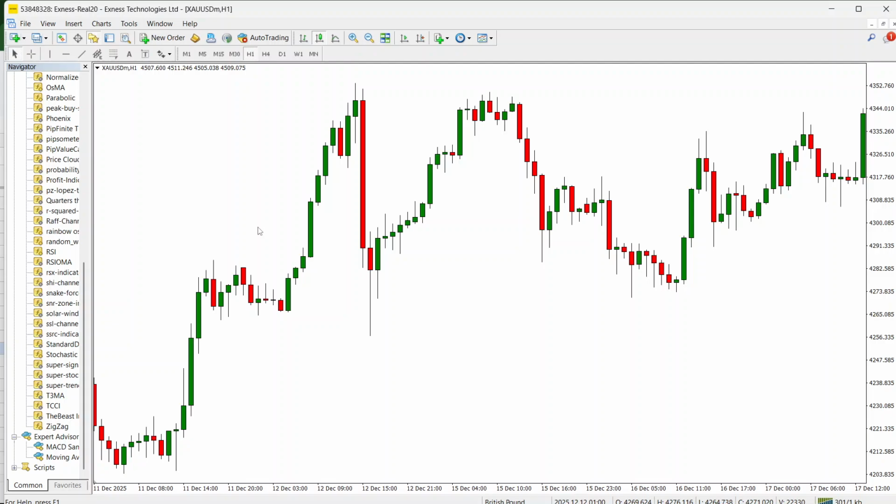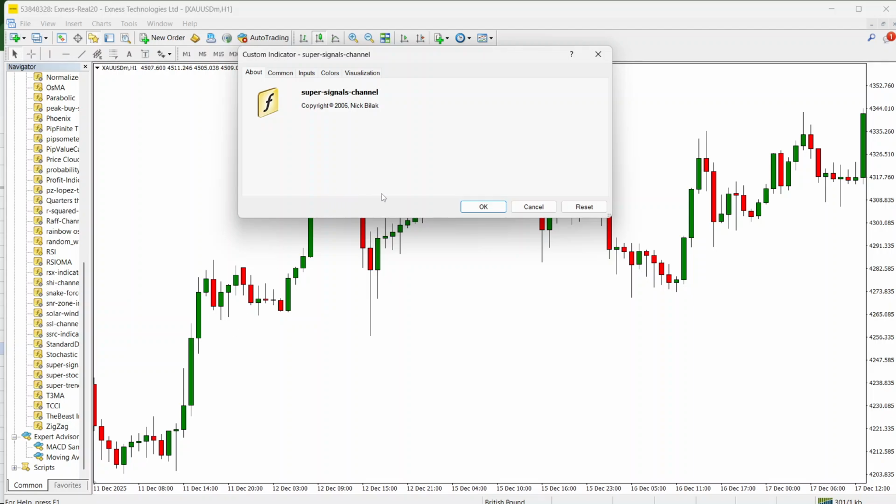Vibrant dots colored green or red signal potential buy or sell opportunities, acting as traffic lights on your trading highway, with green for go long and red for go short.